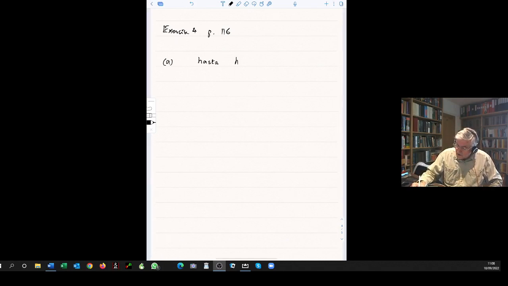So that is hastayo, in the two hands. In English we just use the plural, in his hands, but in Sanskrit you've always got to remember how many hands. So a person has 2 hands, so you've got to use the dual.